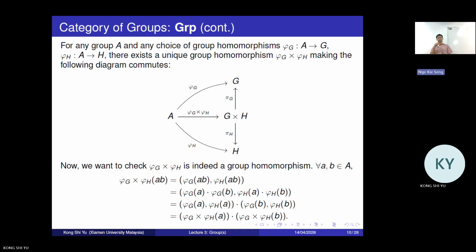I think it's just because the thing commutes. If it doesn't, then the VG is fixed. The commutativity, you mean? Yes, definitely. But then I think you need to check the uniqueness.